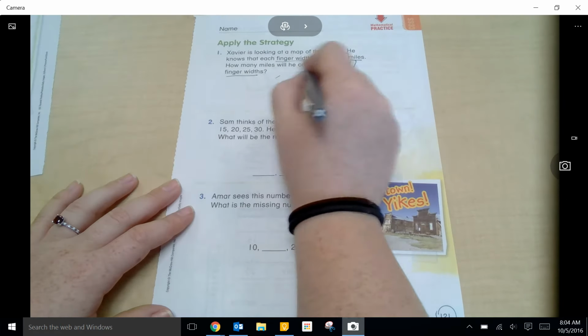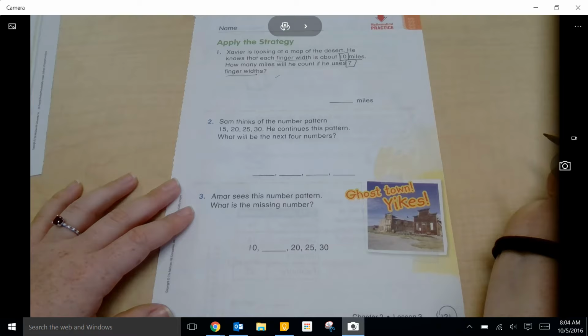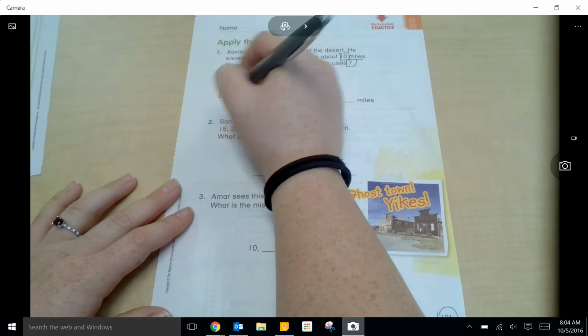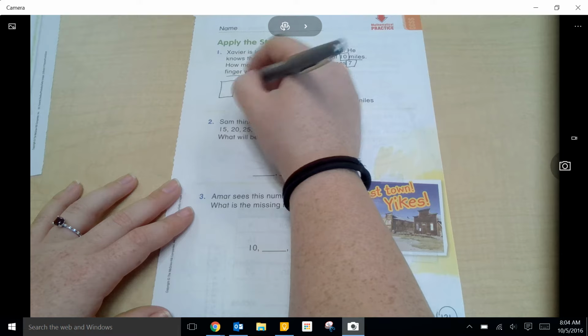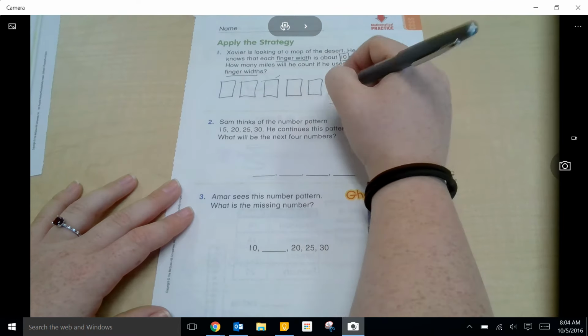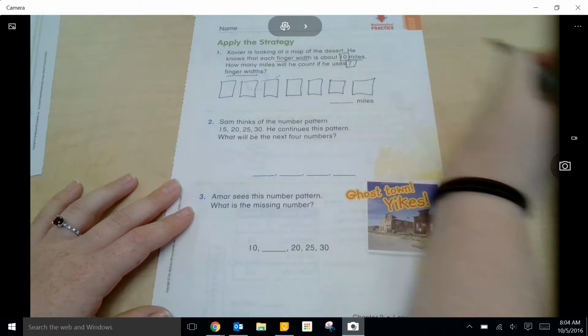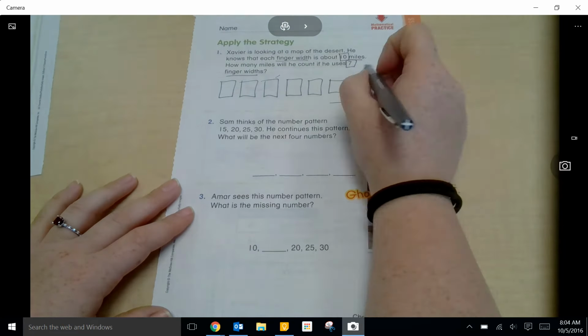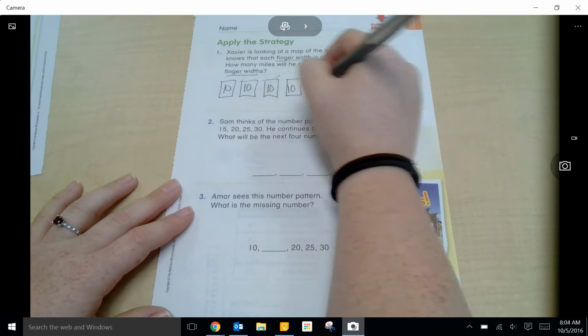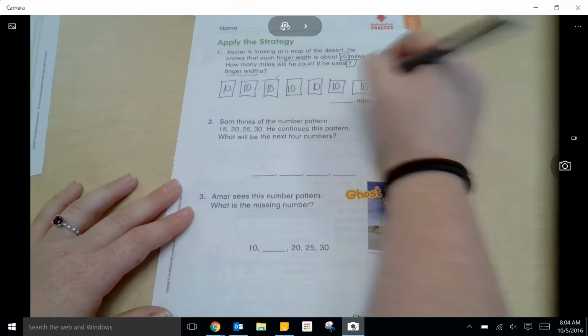Well, each finger width is 10 miles. We know there are 7 finger widths, so I'm going to draw a rectangle for my 7 finger widths. 1, 2, 3, 4, 5, 6, 7. That's 10 miles as each finger width. 10, 10, 10, 10.